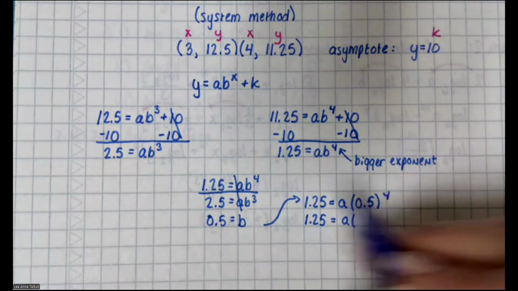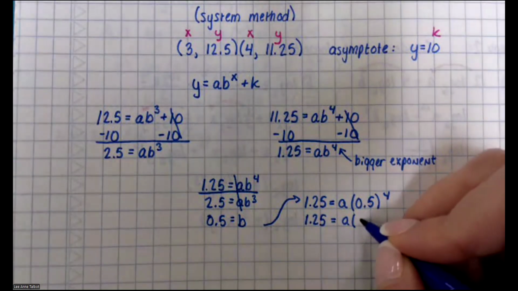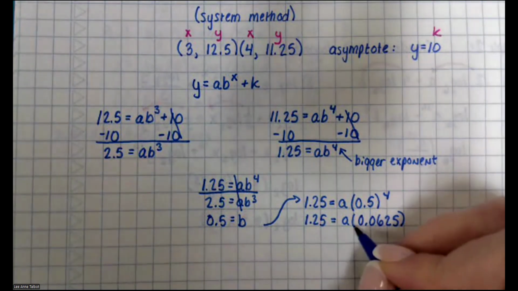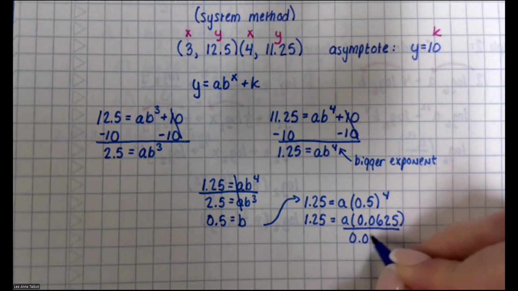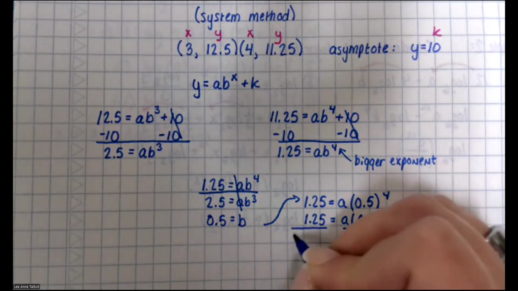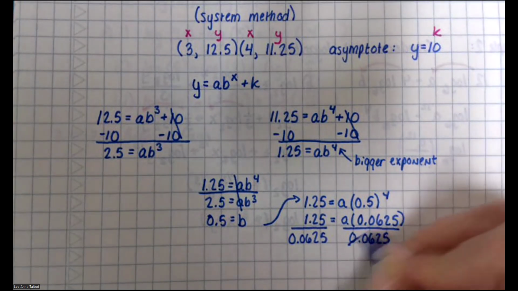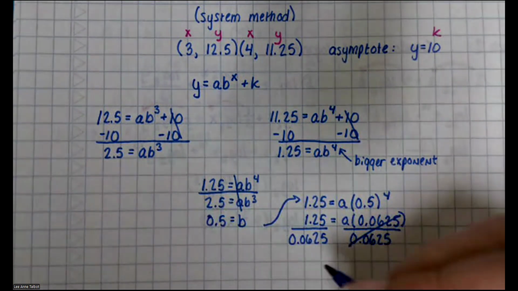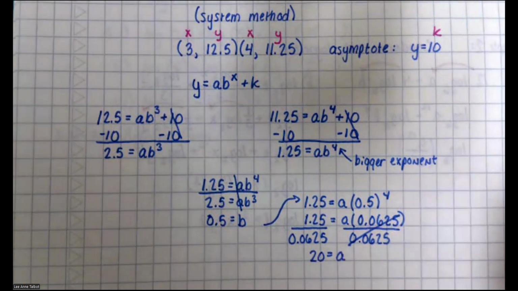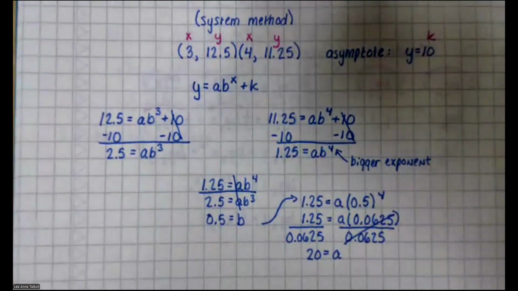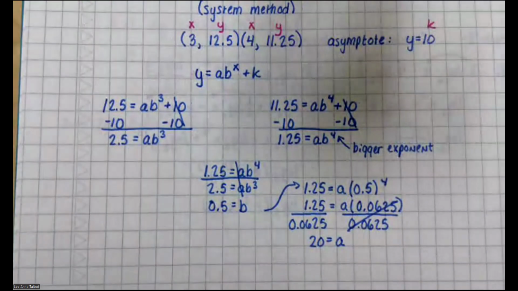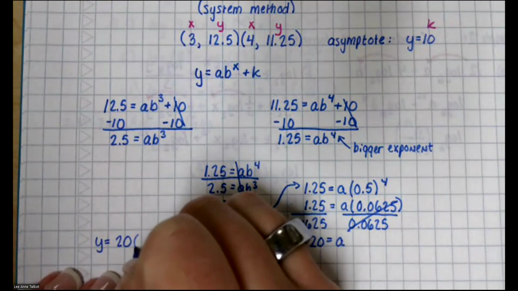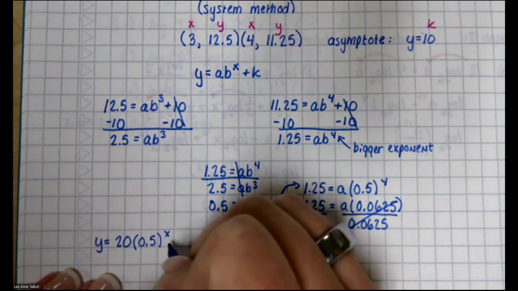It's just, don't forget to minus it. I understand. Okay, so final answer, y equals 20 times 0.5 to the x plus 10.